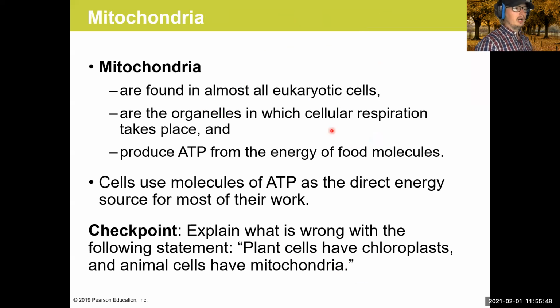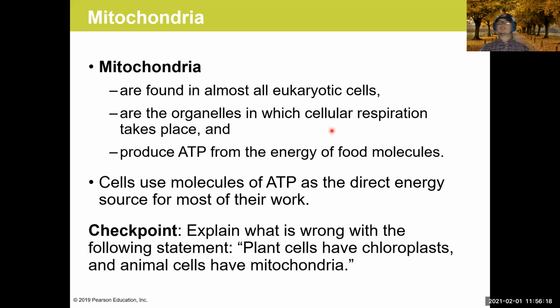And now the other organelle that you find in eukaryotic cells is mitochondria. And mitochondria are in almost all eukaryotic cells. This is where the process of cellular respiration happens. So where the organism converts glucose into ATP.